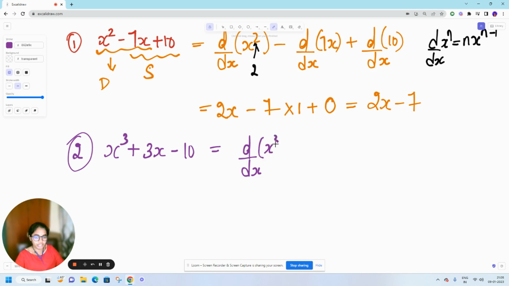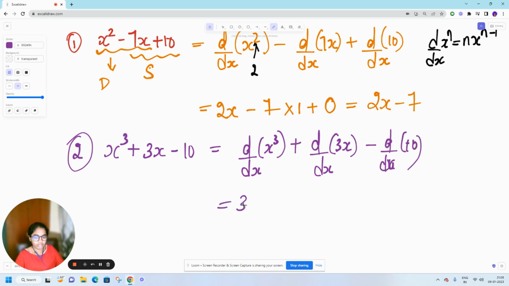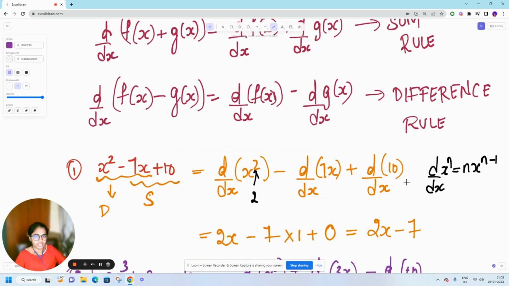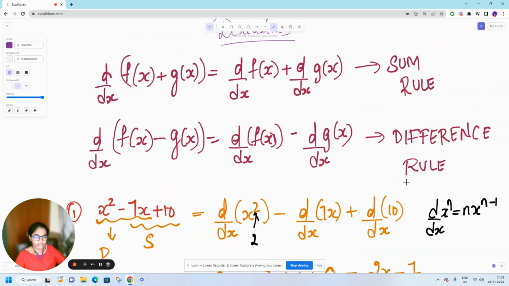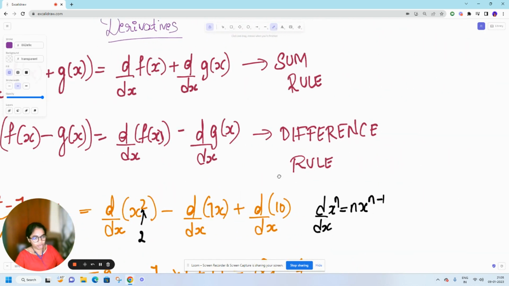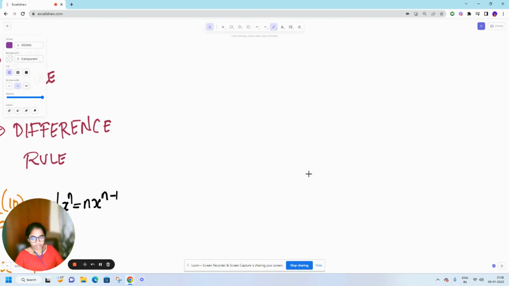That is d by dx of x cube plus d by dx of 3x minus d by dx of 10. So this would be 3x square plus 3 minus 0, right? Because the derivative of a constant is 0. So we are done with sum rule and difference rule.